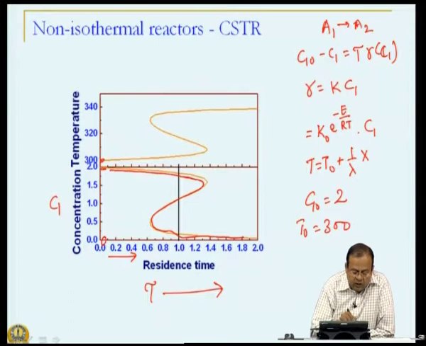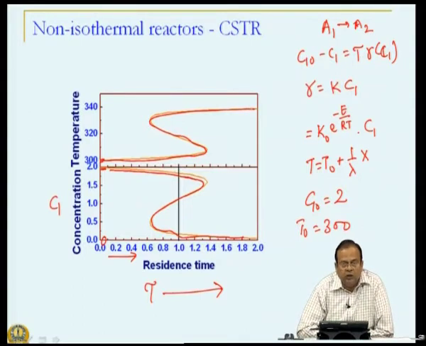So, when there is very little reaction, temperature in the exit is close to temperature at the inlet, but as we increase the residence time, we have more and more increase in temperature, because reaction is taking place. Remember, here we have exothermic reaction in mind when we are looking at this particular reaction.